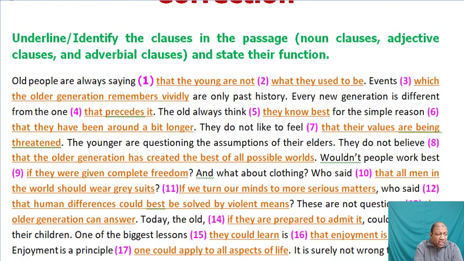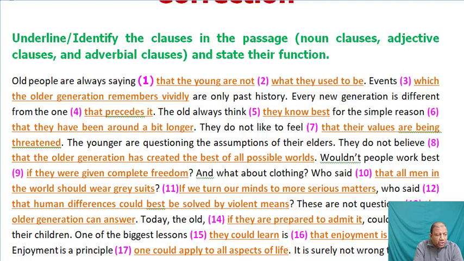Number 8, that the older generation has created the best of all possible worlds. So this one, it's a noun clause. Why? Because we have the verb to believe, which means that this noun clause is a direct object of the verb to believe. Number 9, if they were given complete freedom, it's clear. It's an adverbial clause of condition because it is introduced by the subordinate conjunction if.